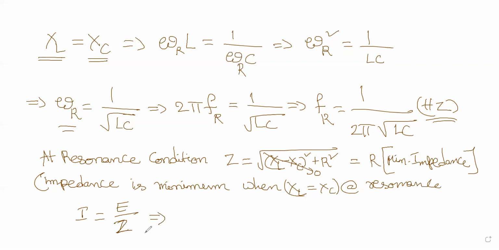So I is equal to E by Z. So the current is maximum at resonance. At resonance you have maximum current. This is the concept which you have to keep in mind.